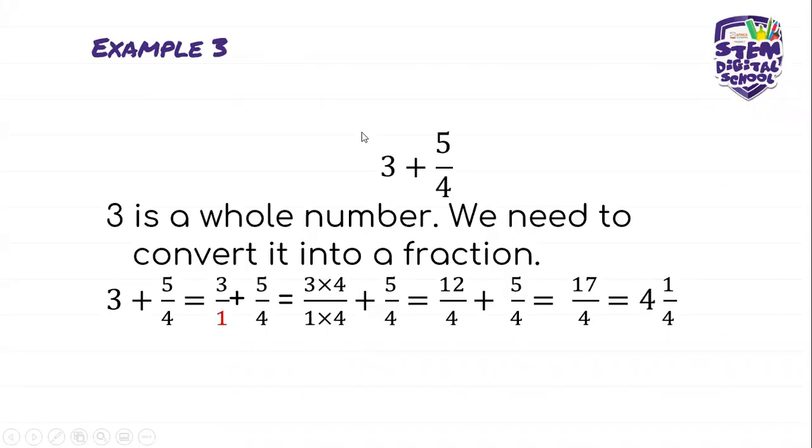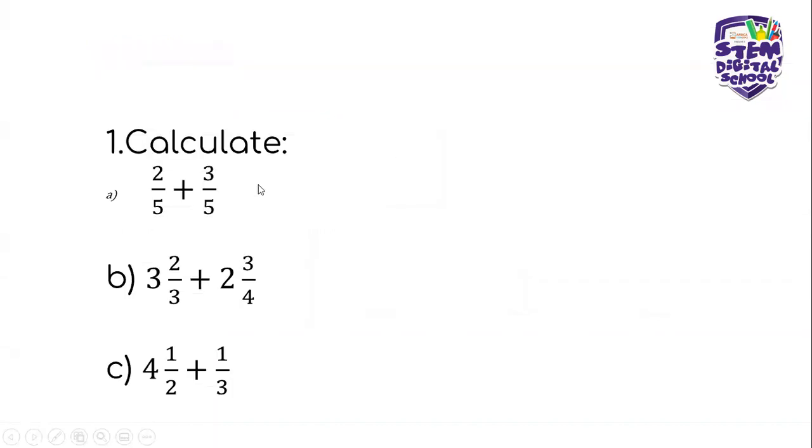Now that I've done the 3 examples, I'm going to give you an opportunity to work out the following activities, which are additions, or rather we are adding common fractions. And you can see that we also add the mixed numbers. And of course, the last one has a mixed number and a fraction.